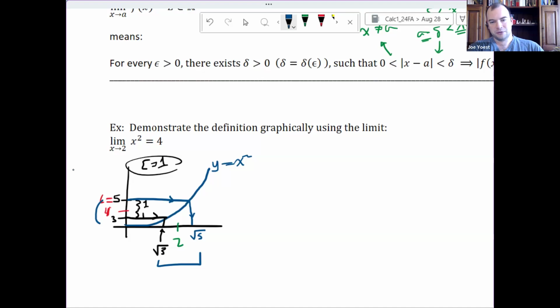So for epsilon equals 1, my inputs have to be restricted to square root of 3 to square root of 5, and I probably should have open parentheses here because I have strict inequalities up there. What does that translate to in terms of a delta? Because that's really what I need to find, is what is the delta?